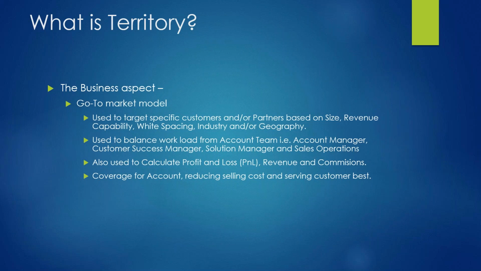For example, an account manager's contract with the company is to sell X amount, and he is going to reap X times 2 in commission on it. What about when that commission is distributed across the whole sales team? For example, a solution manager is not the account owner, but he should be part of the commissions. So in that case, it is helpful to calculate the revenue and the commissions as well.